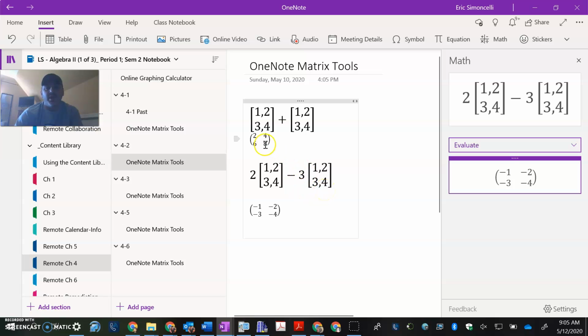So let's do that math. What is 2 minus 3? Of course, -1. What is 2 minus 6? Well, of course, -2. 6 minus 9, -3. And 8 minus 12, -4. So there you have it.